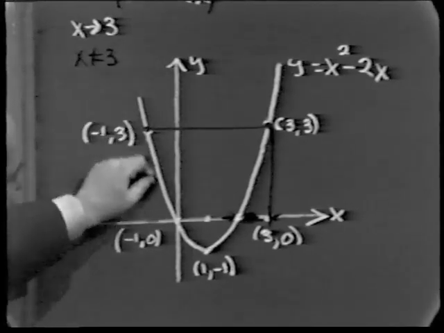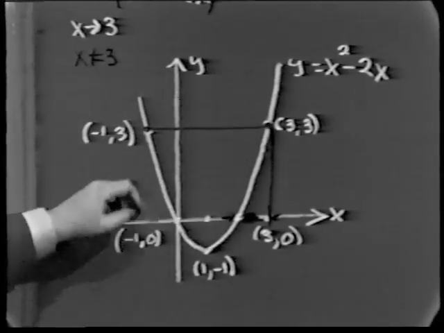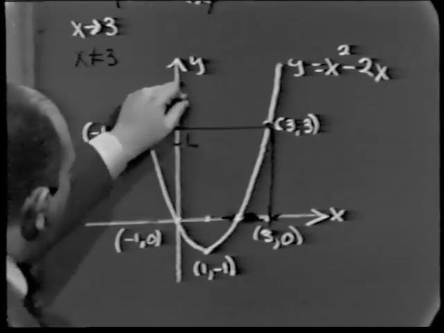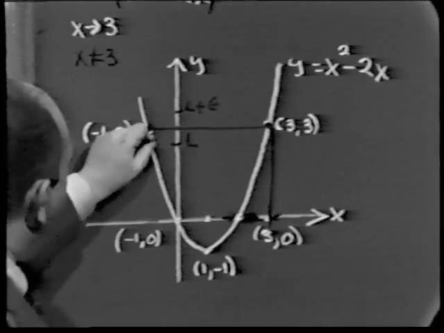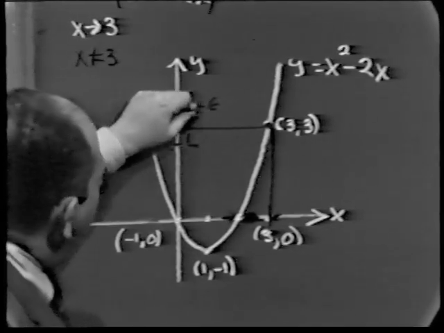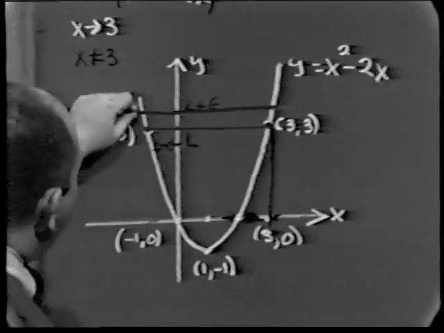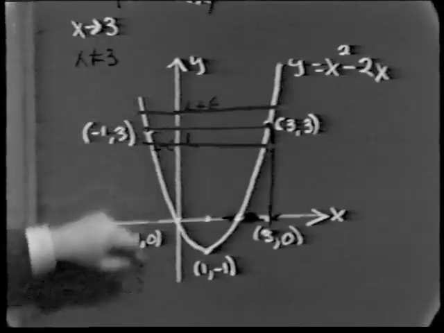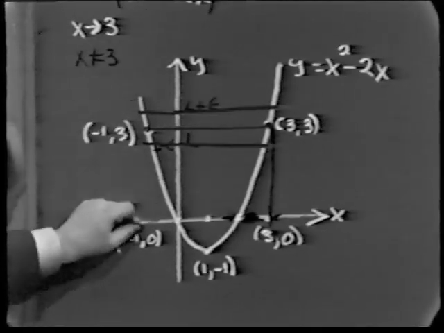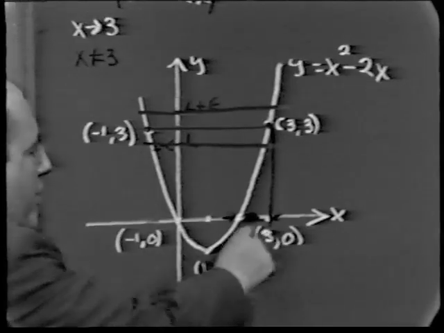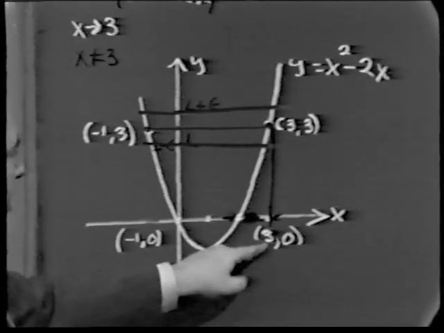In fact, here's that example of non-single valued again. If you call this thing L, and you now pick tolerance limits, which we'll call L plus epsilon and L minus epsilon, and now you want to see what interval you need on the x-axis, notice that in this particular diagram, you will get two intervals, one of which surrounds the value x equals minus 1, and the other of which surrounds the x value x equals 3.